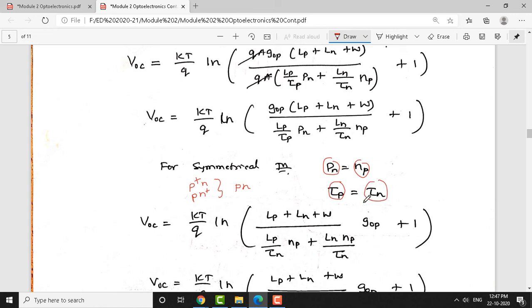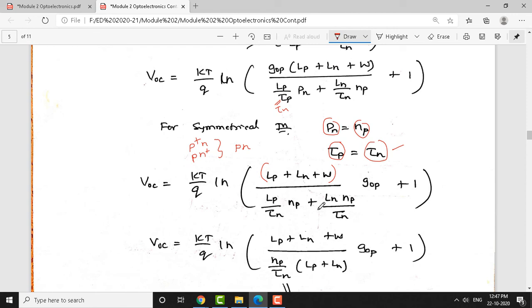If you apply these changes to this equation, what does it result in? In the numerator we have just the same, we have not done any change here: Lp plus Ln plus W. In the denominator, instead of Lp by tau p, we have written Lp by tau n, we have replaced it with tau n because of this condition, and similarly Pn is replaced with Np, any one type of the semiconductors we have retained here, either N or P. Now, what can be taken as a common factor from the denominator?